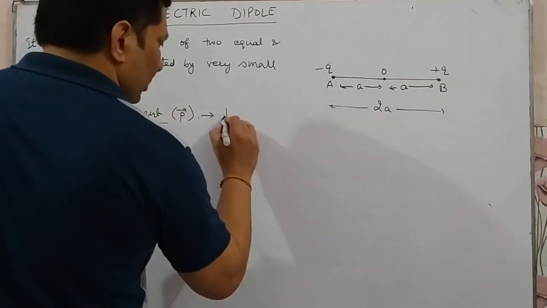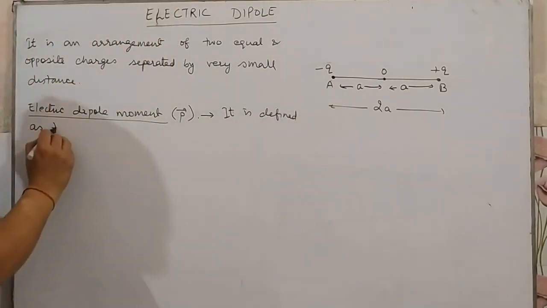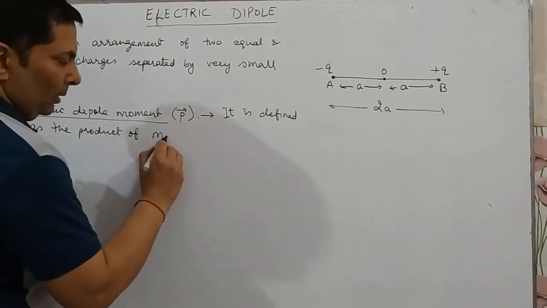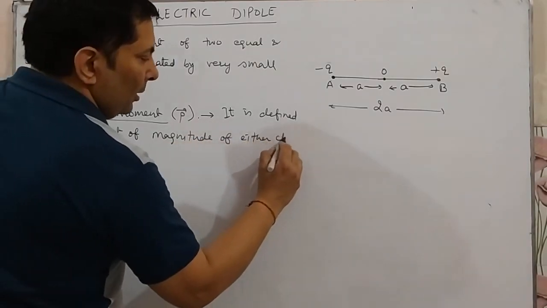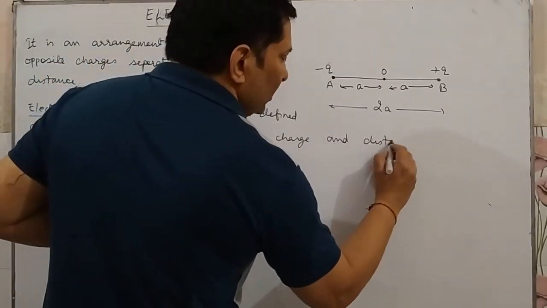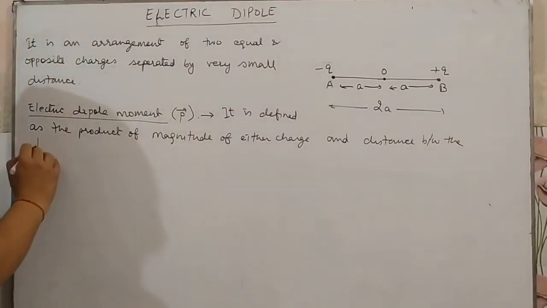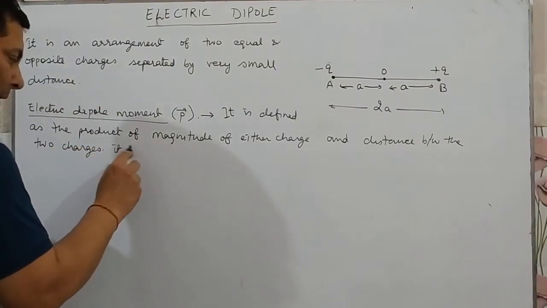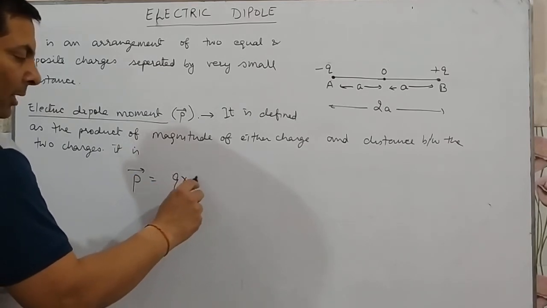It is defined as the product of the magnitude of either charge and the distance between the two charges. So it is written as dipole moment equals q multiplied by 2a.